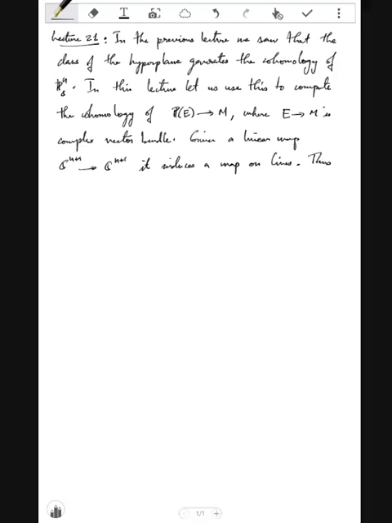Thus, it induces a smooth map from PC^n to itself.